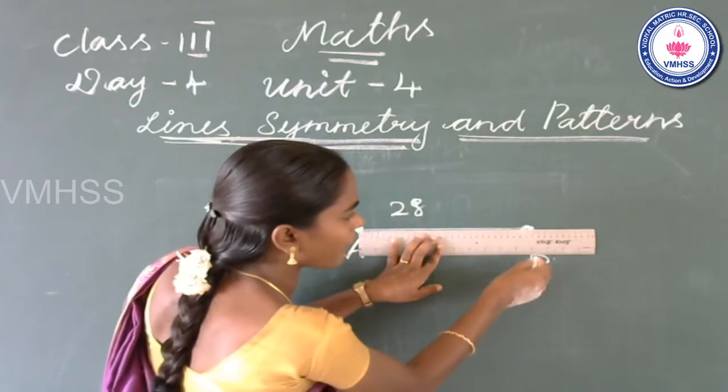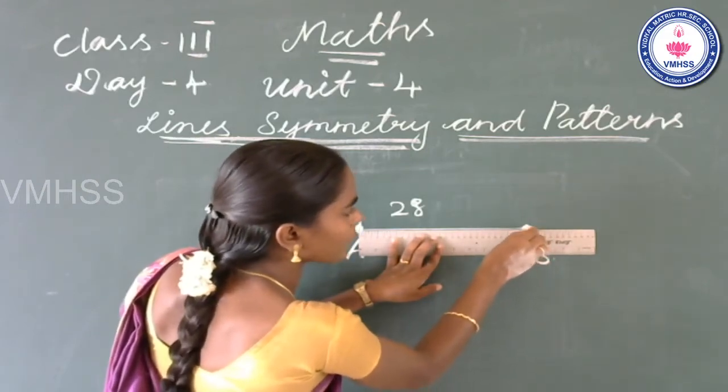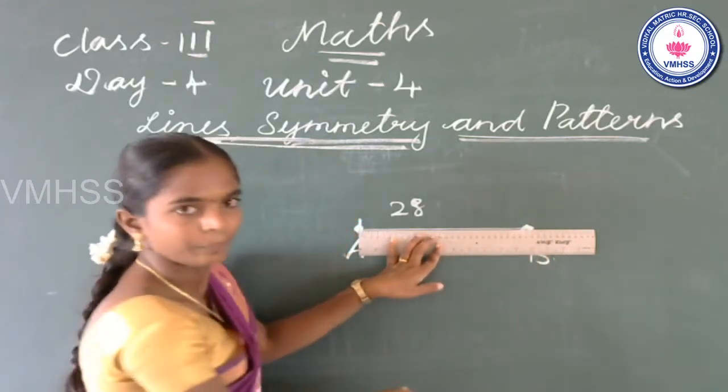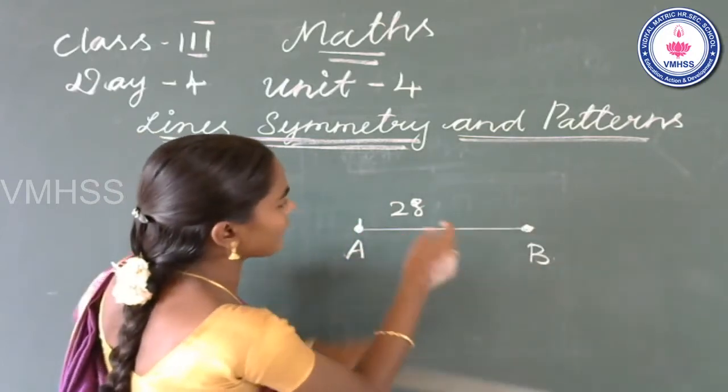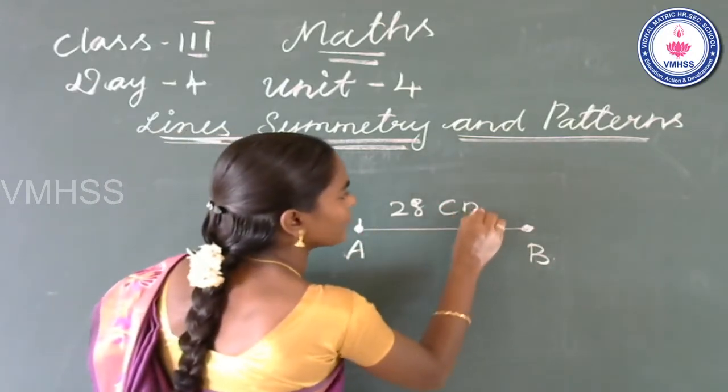At the end point B, the number is 28. So this line segment is 28 centimeter.